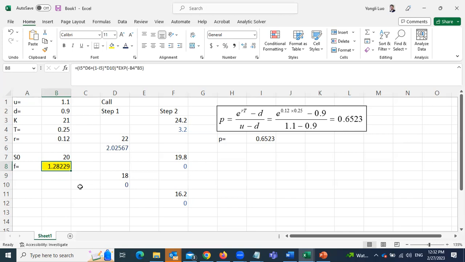The price is going to be the same for an American call and a European call. It doesn't matter. So when the question asks you to calculate the call option price, you only need to calculate once. That call option price is the American call option price, and also the European call option price. They are the same.